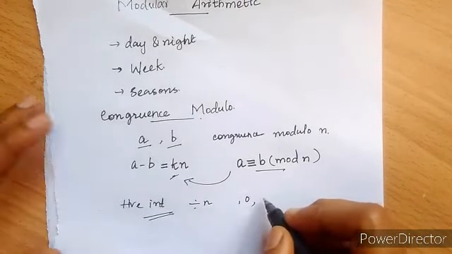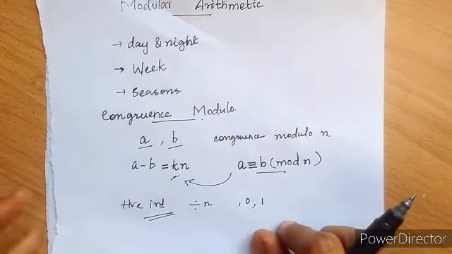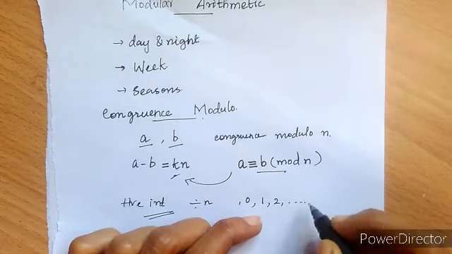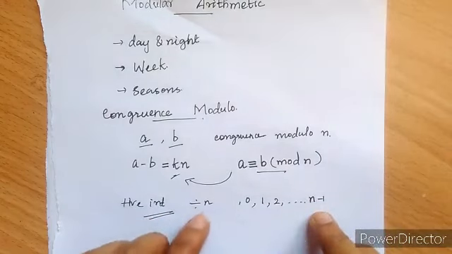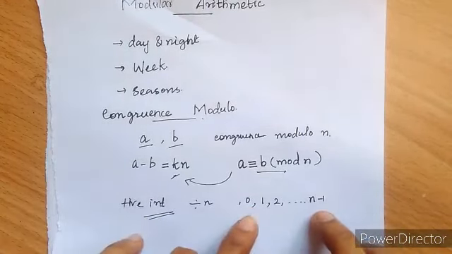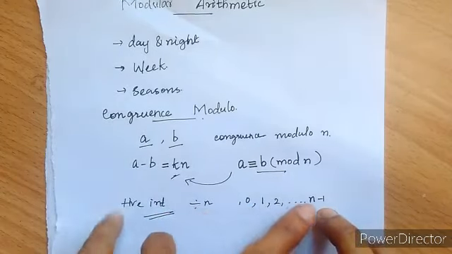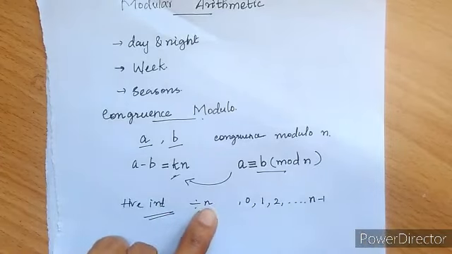Sometimes the remainder is 1, 2, etc., up to n minus 1. If it is n, it is completely divisible. So the possible remainders are 0 up to n minus 1. That means the remainders are always less than the divisor n.